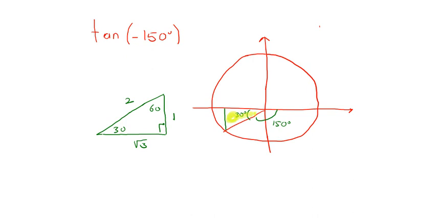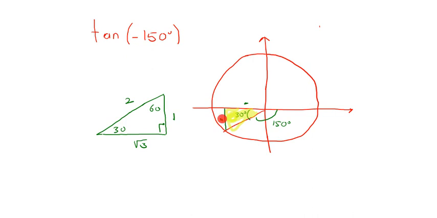So I've actually halved everything because I've put it inside the unit circle. So we could say this is a half, this is 1, and this is root 3 over 2, because I've fixed the radius to 1, but the ratio is still the same.